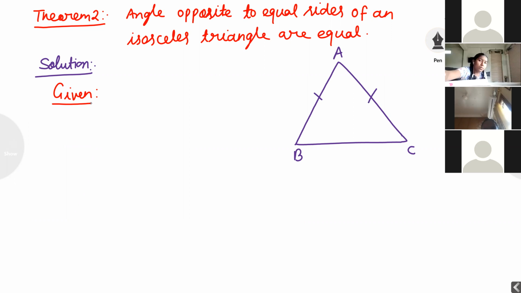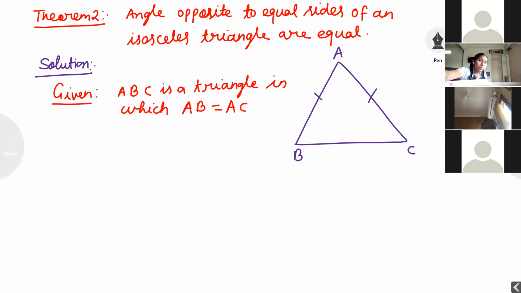ABC is a triangle in which AB is equal to AC, because it is an isosceles triangle. This concept they have given in the figure.